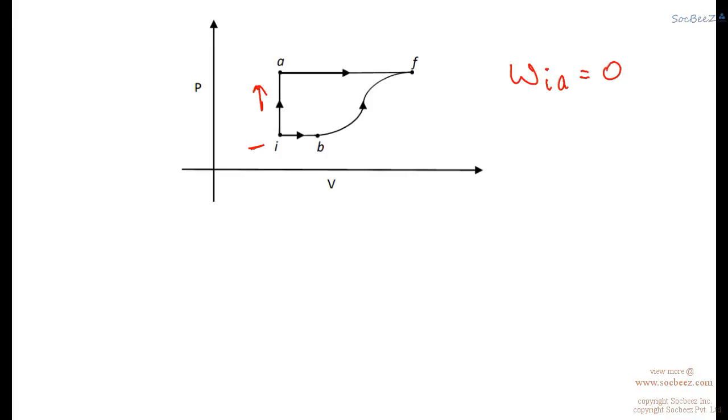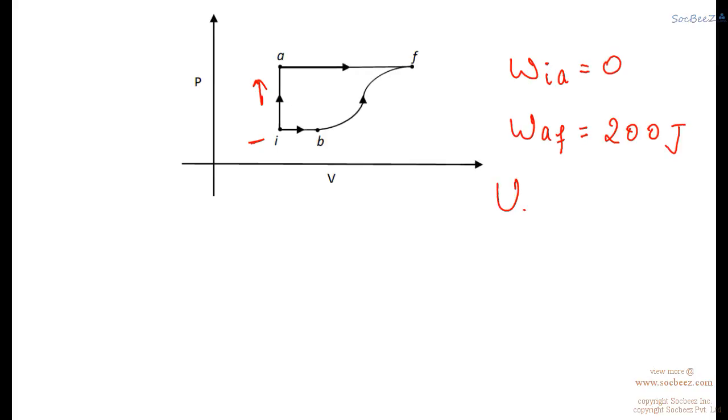I to A is an isochoric process here, therefore WIA is 0 since delta V is 0 here, and WAF is given to be 200 joule. UI here is 100 joule and UB is 200 joule.